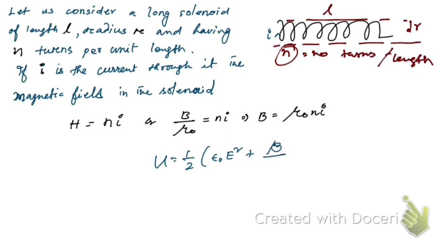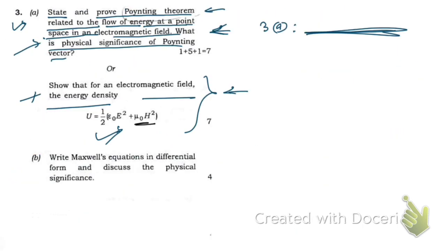Okay, so now you see, sometimes this may be asked. Instead of this relation, it may be given in this way: u is equal to 1 by 2 epsilon naught E square plus mu naught H square, or it may be given as B square by mu naught as well.